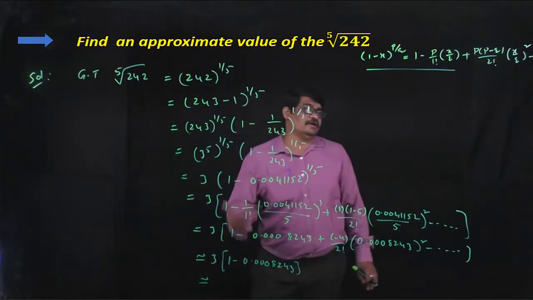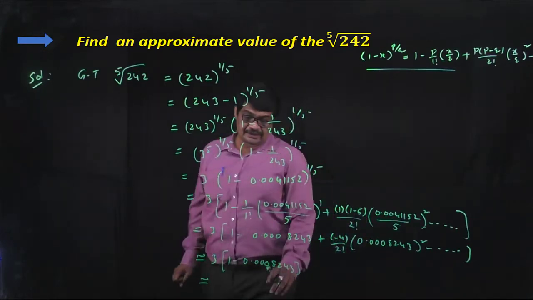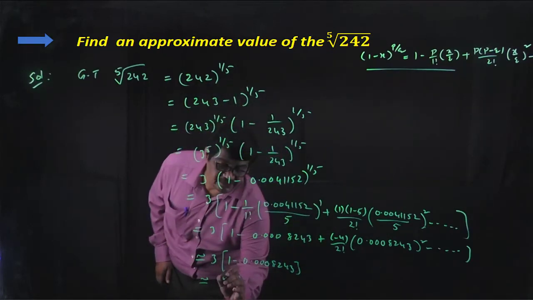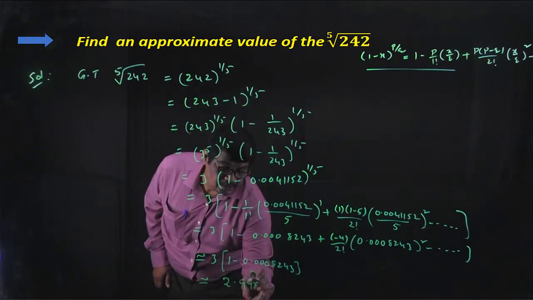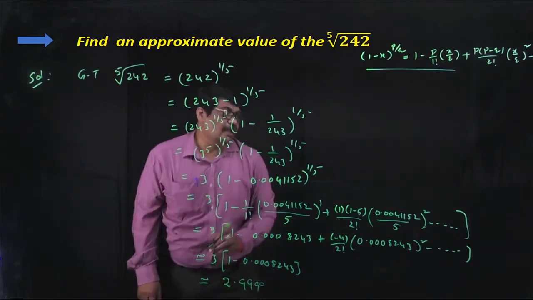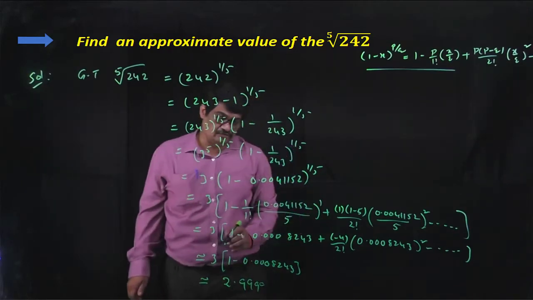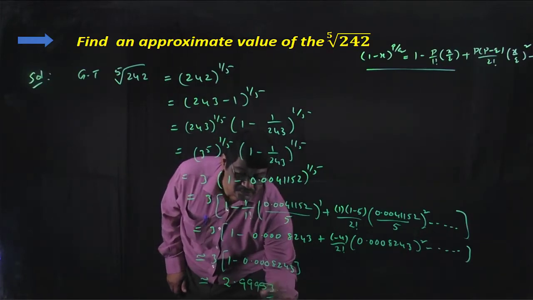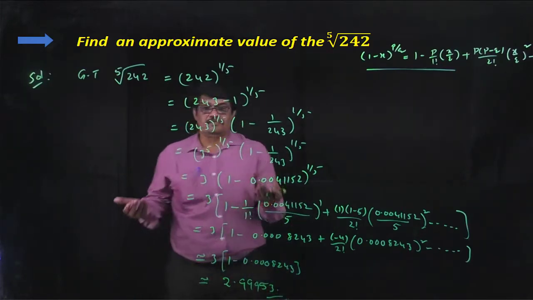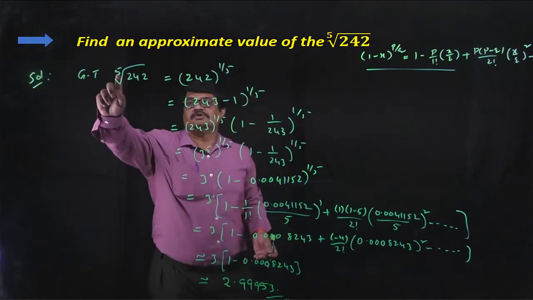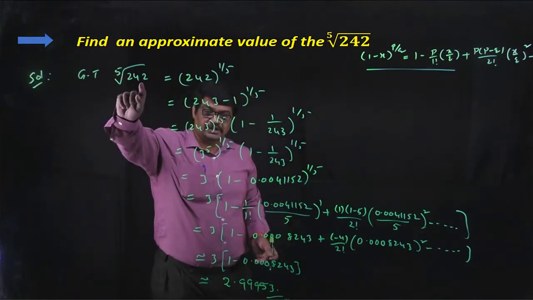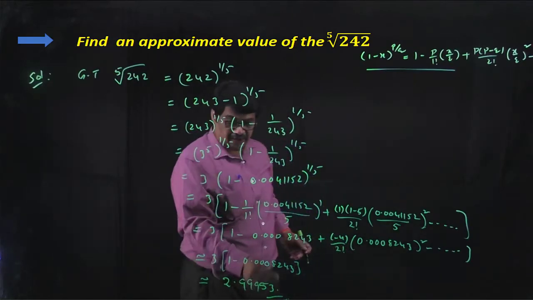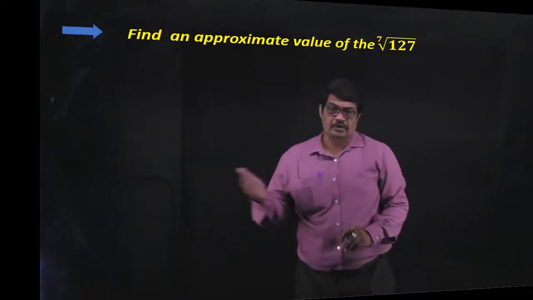After simplification we are getting 2.99953. So this is the approximate value of the given term, the fifth root of 242, which is 2.99953.